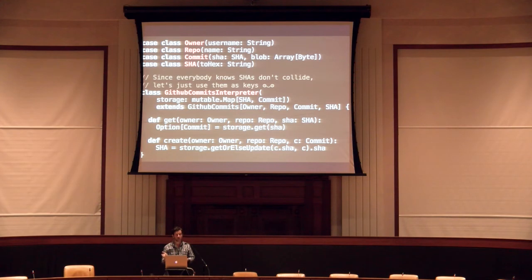For this particular interpreter, I just made some simple case classes to represent the entities in my system. The owner has a property called a username, the repo has a name, and a commit has some properties like a SHA, and maybe the blob of the commit is stored as a bunch of bytes. The algebra didn't know about any of those details, but they're only important in terms of the actual implementation.